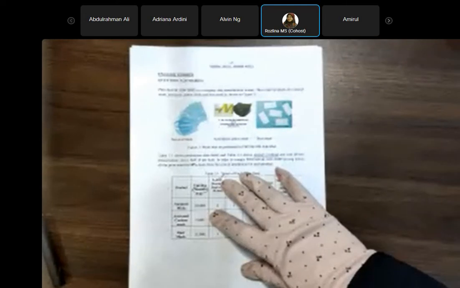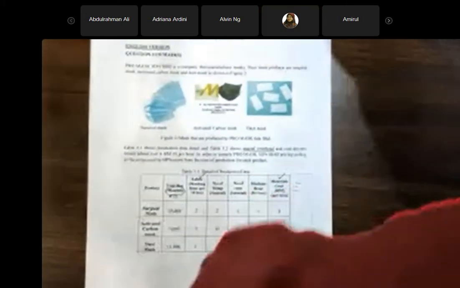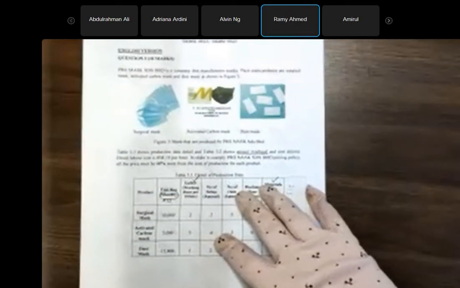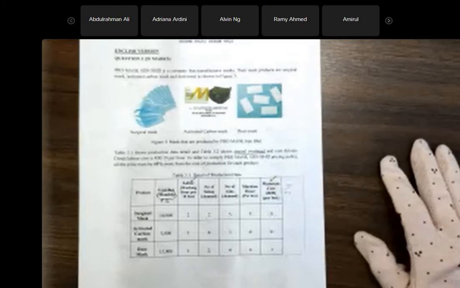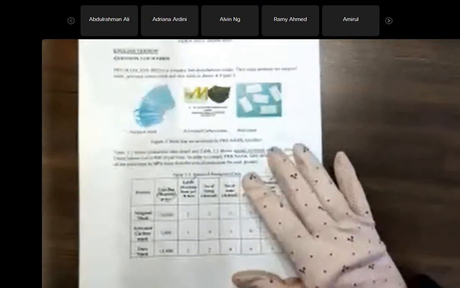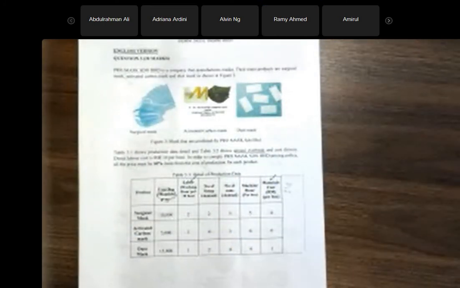Adalah under cost tu. Dalam e-learning. You read from the e-learning lah. Yang ni tak clear. Ataupun okay, I will open for you. I will open for you. Tak buka lagi kejap ya.